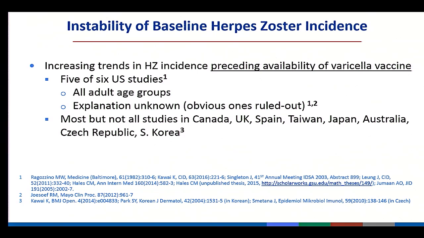Comparable increases have been seen prior to effective varicella vaccination in a number of studies, not all of them, but most studies, conducted in Canada, UK, Spain, Czech Republic, Taiwan, Japan, Australia, and Korea. This phenomenon obviously makes it a lot harder to interpret the impacts of varicella vaccination on zoster rates.